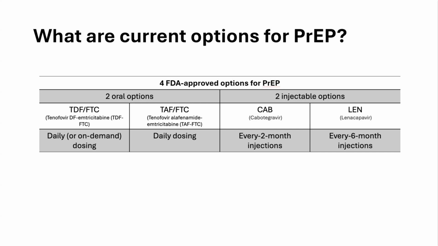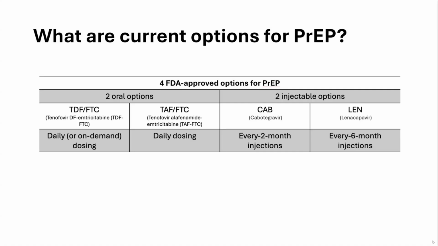That strategy means that people would take 2 doses, essentially a double dose, of TDF-FTC between 2 and 24 hours before sex, and then 1 dose daily for 2 days afterwards. And that strategy is considered a reasonable one for men who have sex with men. It's not been studied in the same way in other populations, and so it's not recommended for other groups of people.